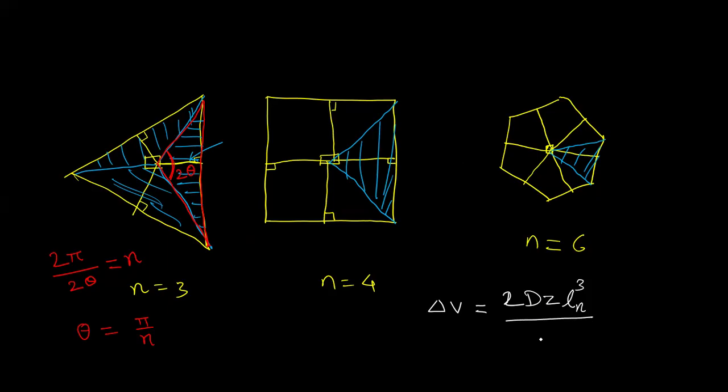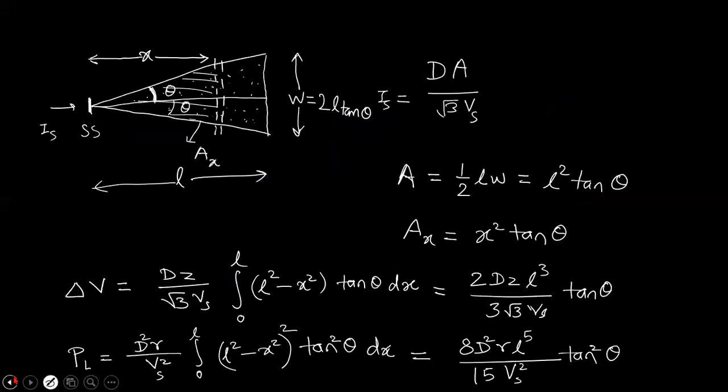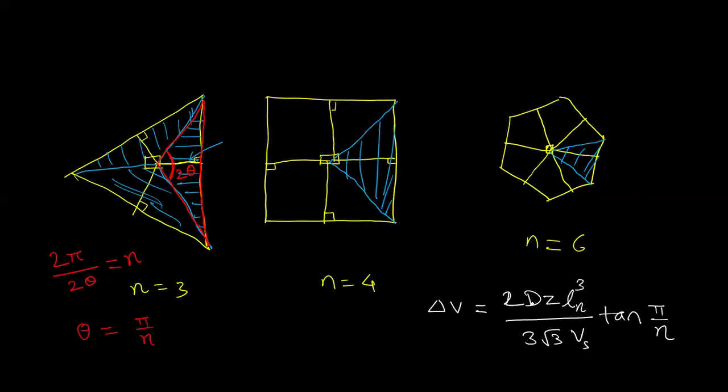Then we have n number of feeders divided by 3 root 3 Vs tan theta, and in this case theta is nothing but pi by n. Okay, this is the voltage drop experienced at the remotest end. This is for an individual feeder, and this is also the same for all other feeders. Due to symmetry, it is the same for all the feeders. So that is the maximum voltage drop that can be seen in this scenario.